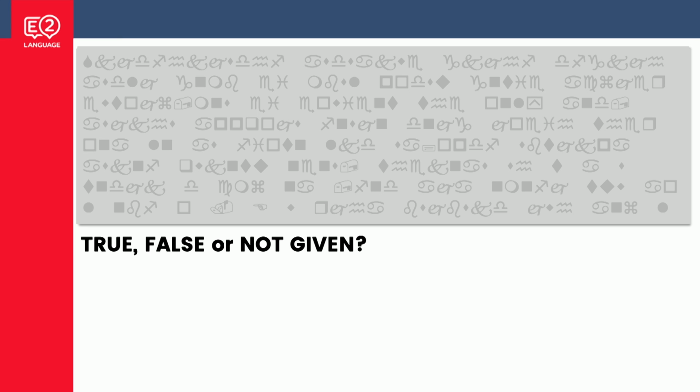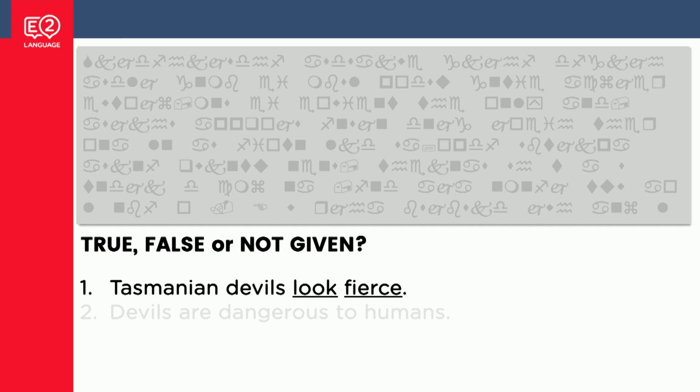Now remember that step 1 of the method is to identify keywords in the statements. So let's do that first. Question number 1, Tasmanian devils look fierce. Look fierce. So they look aggressive. Number 2, devils are dangerous to humans. Keywords here, dangerous and humans.